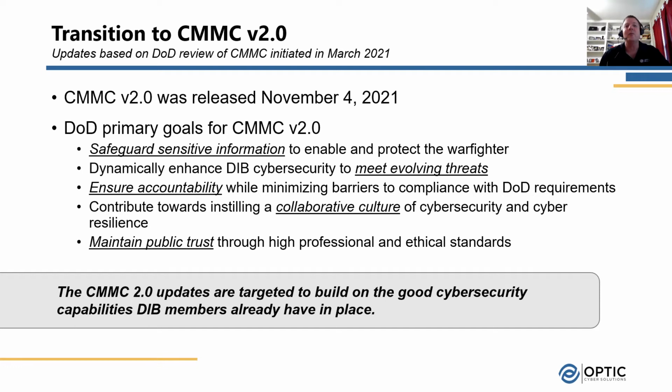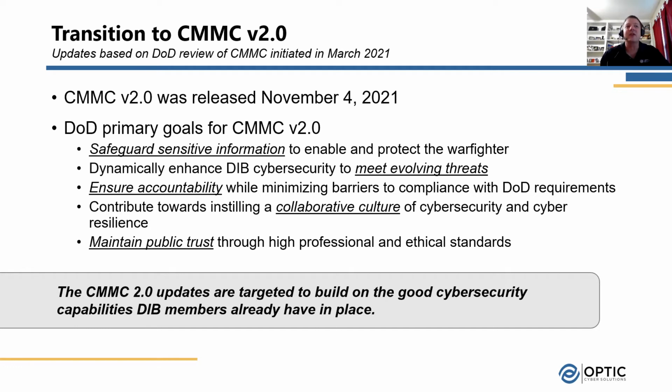So they wanted to provide more flexibility in 2.0 to allow organizations to implement the required protections the way that made sense for them, but increase that accountability. So making sure that the DIB companies themselves, senior executives specifically, are accountable for the cybersecurity program and meeting the DoD requirements.